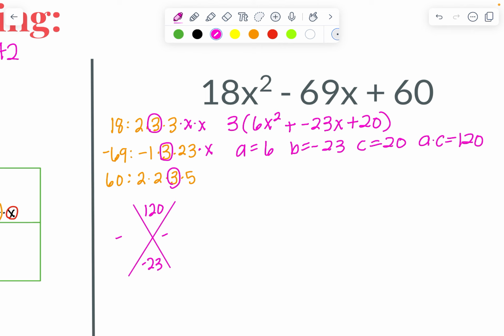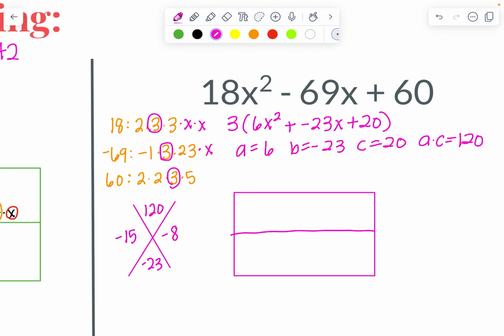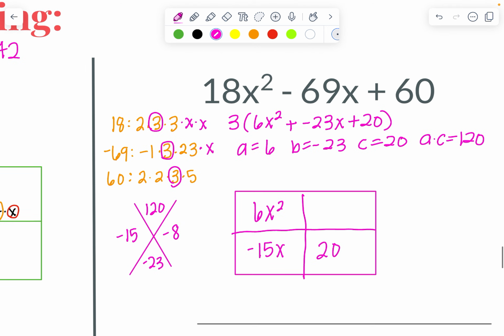Now that I have those negatives in, I can just look for two numbers that multiply to 120 and add to 23. And those two numbers are 15 and 8. So I know my 6x squared goes here, my 20 goes here, and then negative 15x and negative 8x.